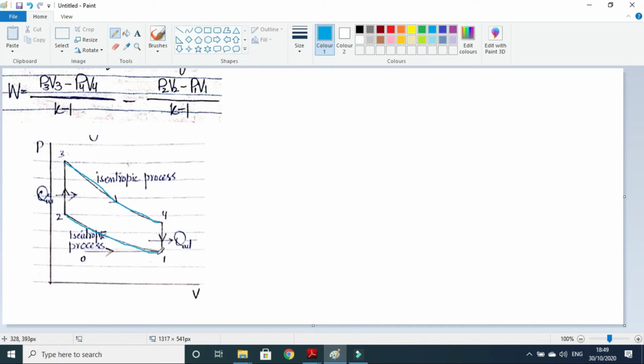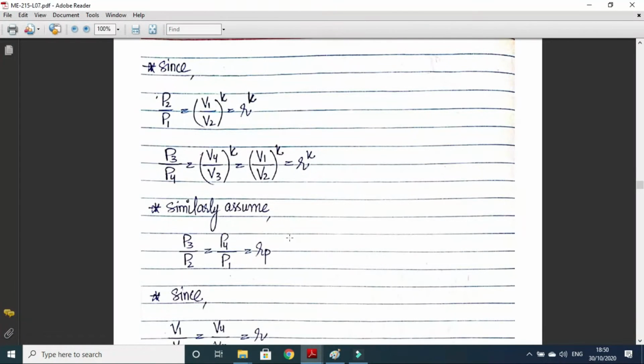Going from low pressure to high pressure, P3 upon P2 will be the pressure ratio, and P4 upon P1 goes from the high pressure level back to the low pressure level, so this ratio will be the same. So P3 upon P2 is equal to P4 upon P1, and we call this parameter RP. R is the compression ratio and RP is the pressure ratio.